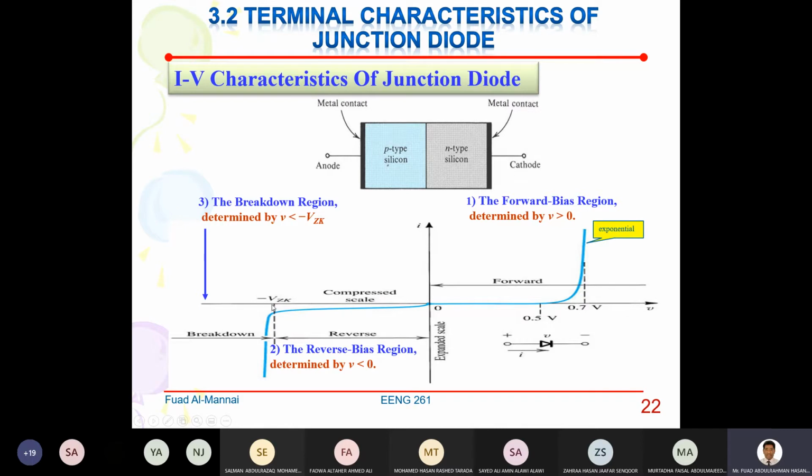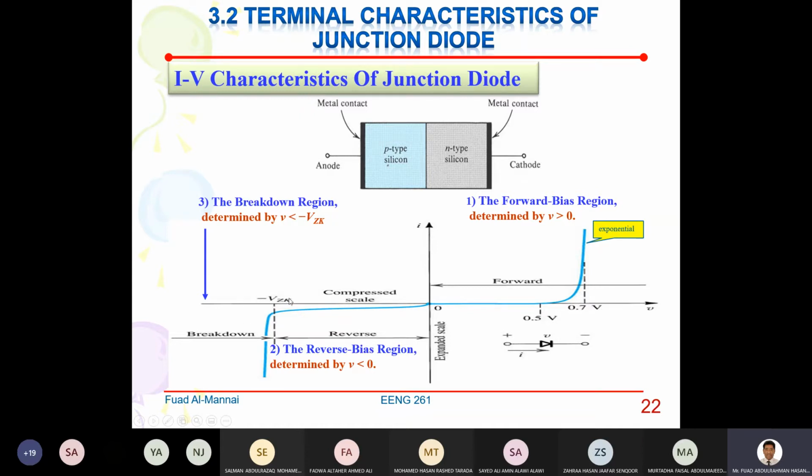He says, whatever you do, don't exceed this value. This is the limit. After you exceed this limit, you will see a lot of current flowing through the diode.